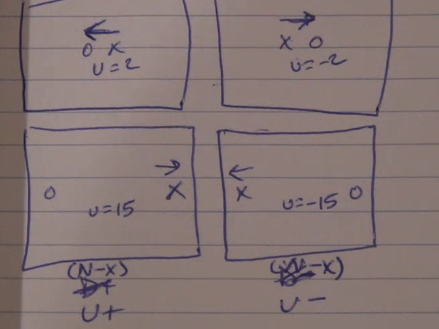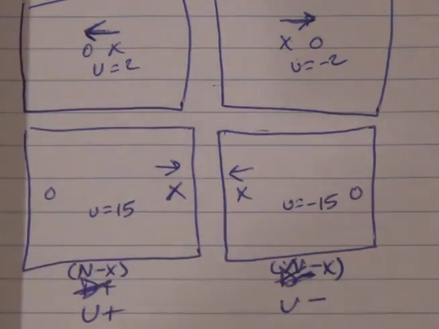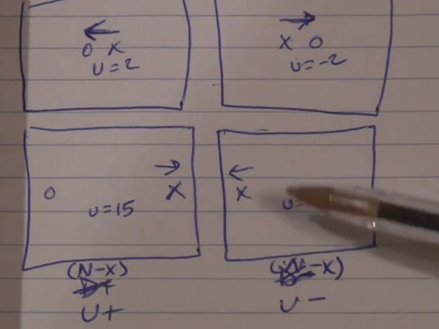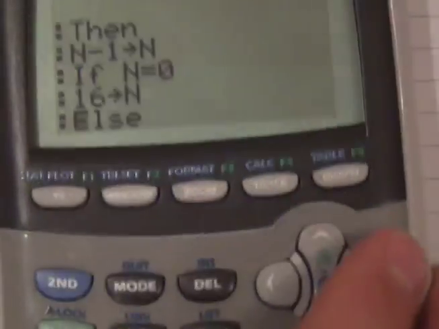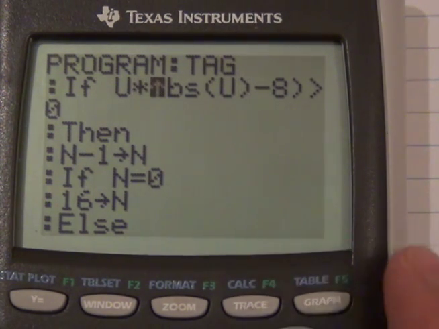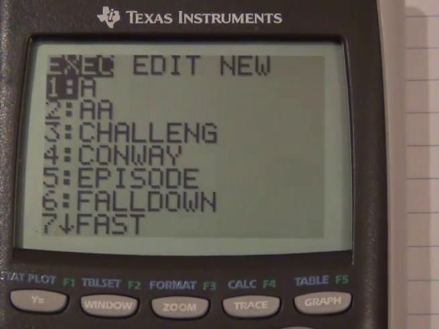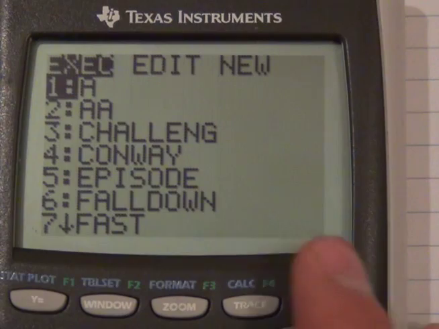Oh, you know what it is. I think I know what it is. I need to take the absolute value of u, and I need to subtract 8 from that. And then, yeah, that's what it was. Okay. Whew, I am so sorry.